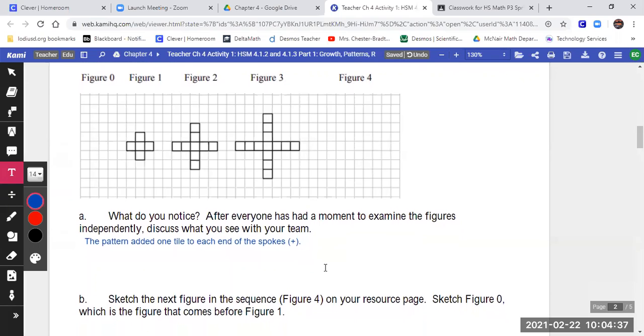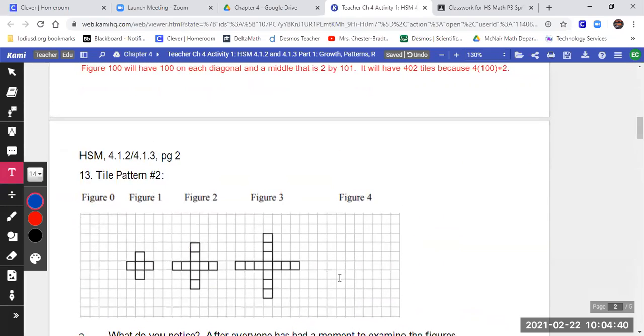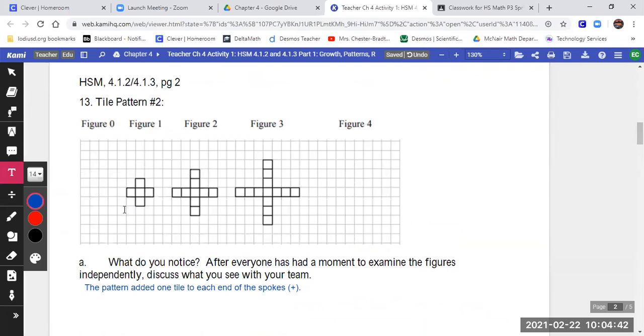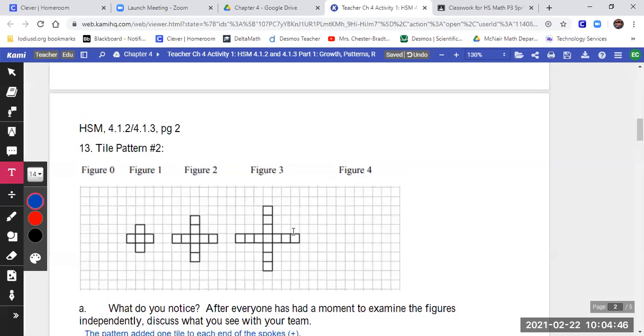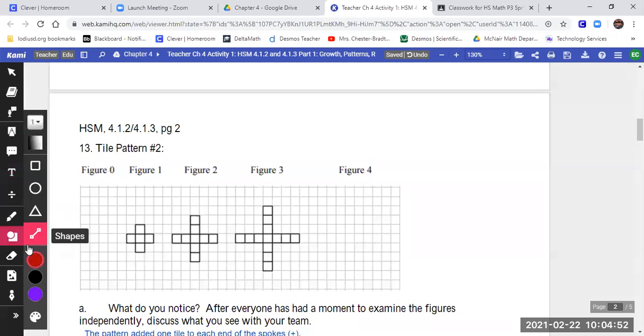Okay, so now we've got to figure out figure 4 and figure 0. So if they added 1 to each end to make figure 1, where did they start at for figure 0? How many boxes?